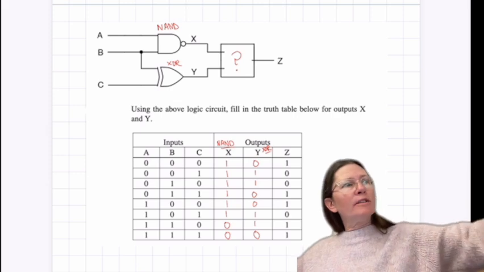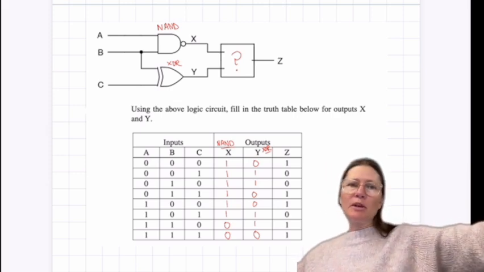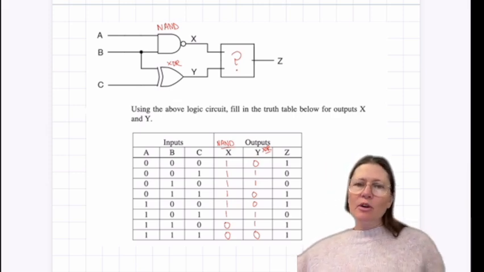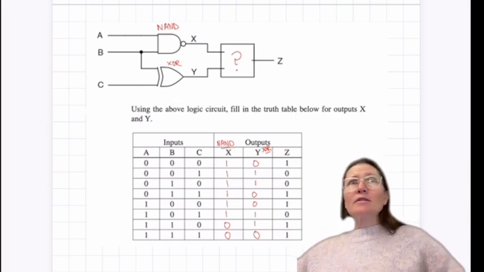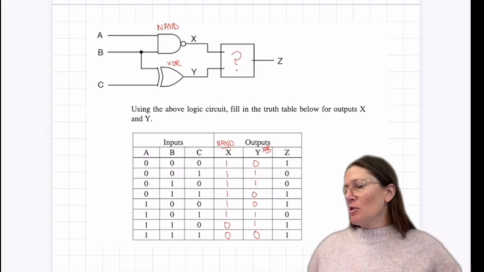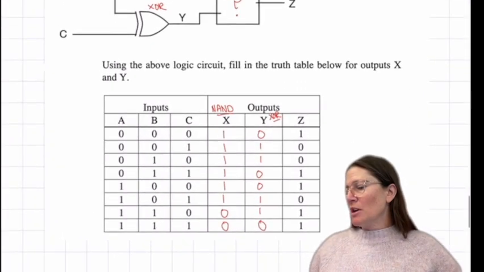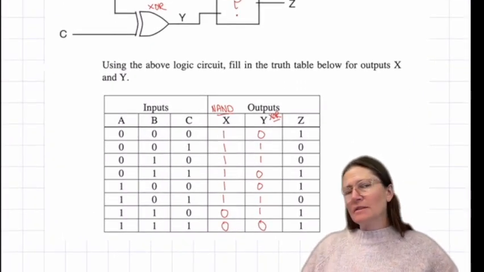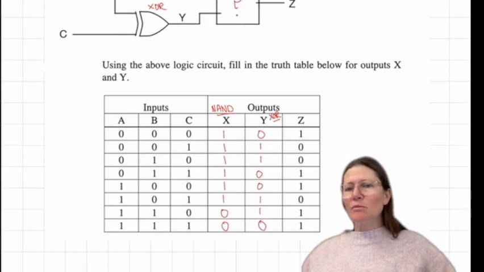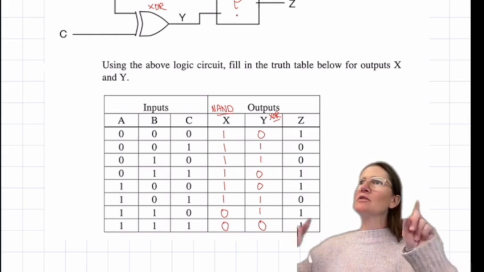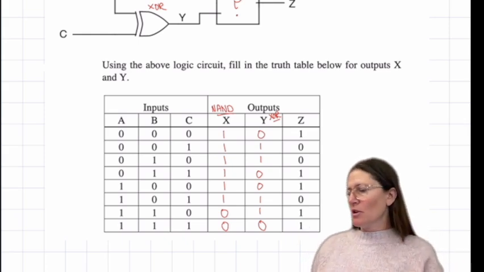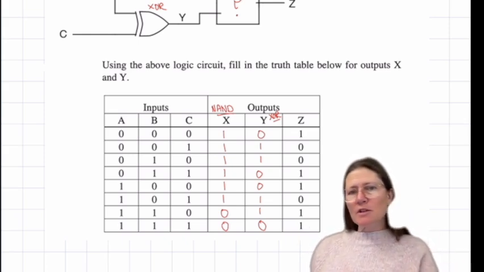So you have all 1s except for the last 2 where A and B are 0s. For Y, it's an XOR gate, and your inputs are B and C, so whenever they're the same, you have 0 out, and when they're opposite, you get a 1 out.